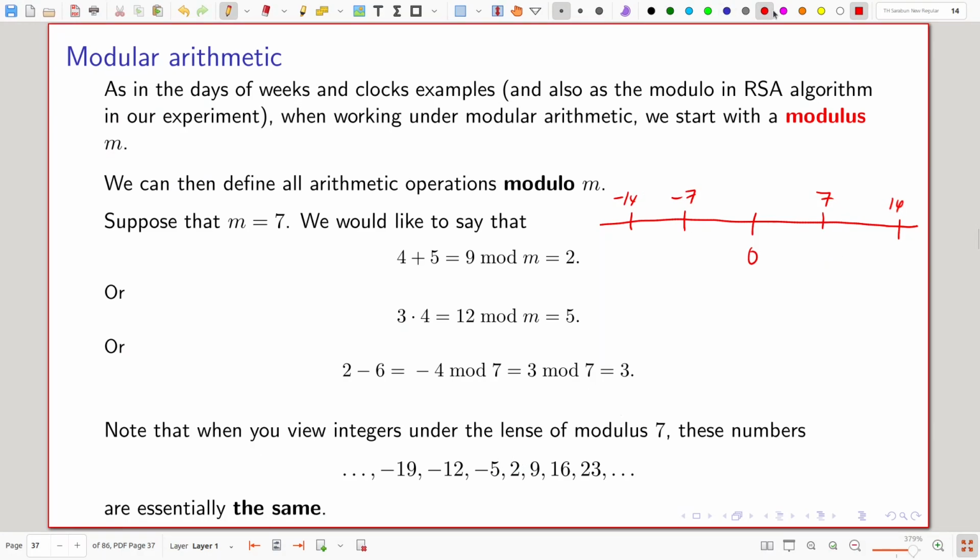So 2 is this, this is 9, this is minus 5, this is minus 12. So think about a clock that has 7 hours; after 7 hours it goes back to 0. So this is the same location of the hands of the clock. When you have minus, you shift down, so it has to be minus 7 or minus 5.